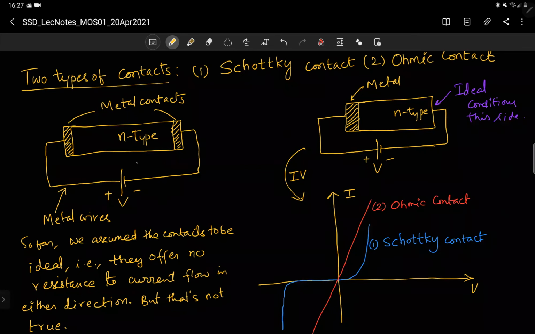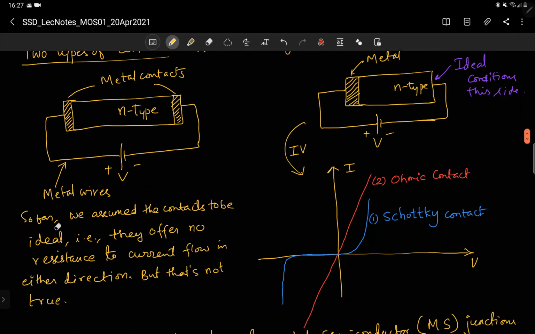But that is true only if these two metal contacts are ideal. What it means is we have assumed the contacts to be ideal in the sense that they offer no resistance to current flow in either direction.